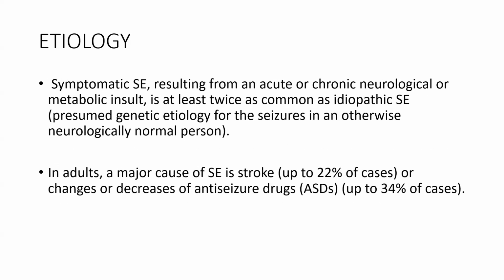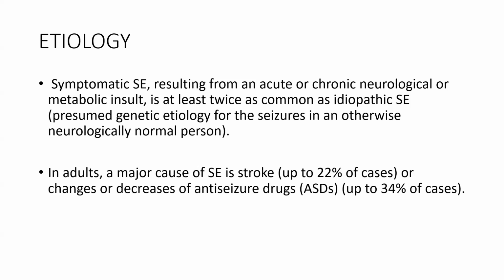Regarding etiology, symptomatic status epilepticus resulting from acute or chronic neurological or metabolic insult is at least twice as common as idiopathic status epilepticus, that is, presumed genetic etiology for seizure in an otherwise neurologically normal person. In adults, the major causes of status epilepticus are stroke or changes or decrease of anti-seizure drugs.